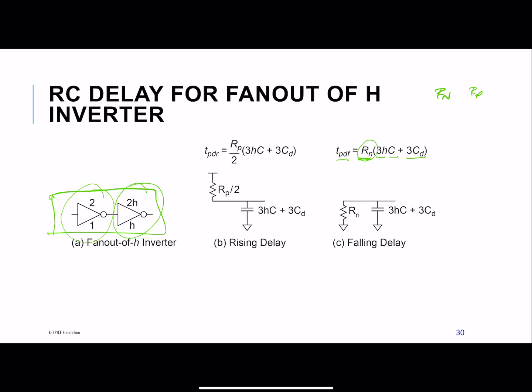If you run 2 simulations, one with H of 3 and one with H of 4, and look at the difference in the propagation delay fall.